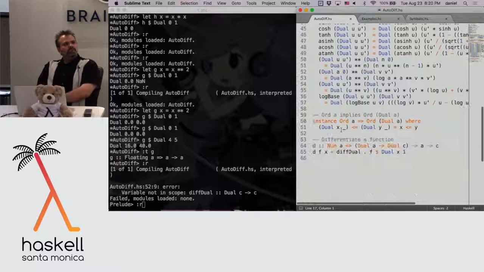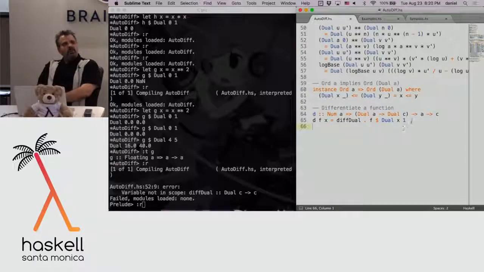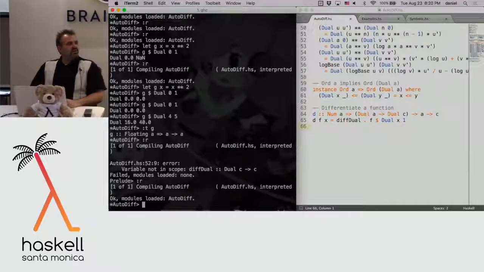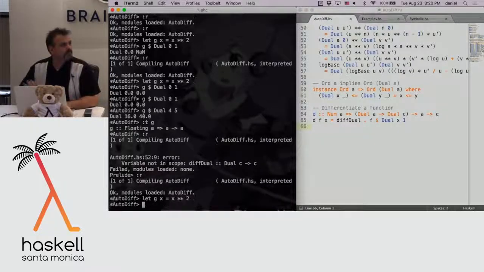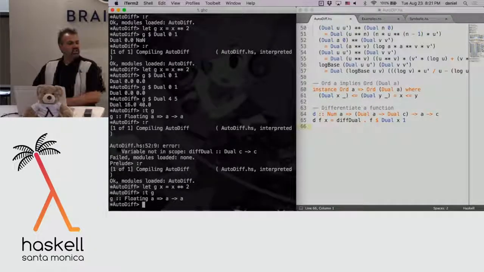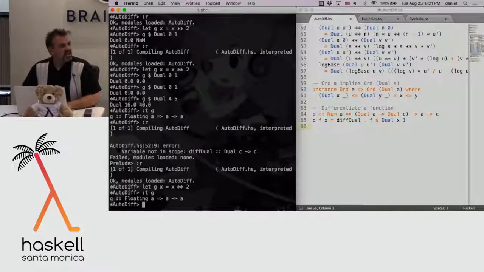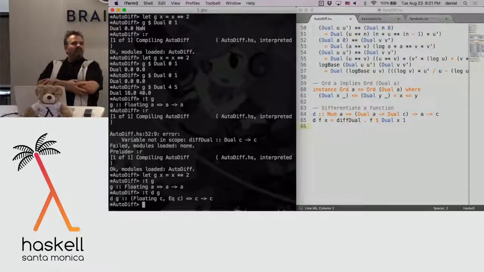Okay. So this function is just going to put that idea of passing a dual 1 to the function behind a wrapper, because it's a little bit artificial. So let's get our function. And let's look at the type. The type of G is floating A to A. And let's look at the type of DG.